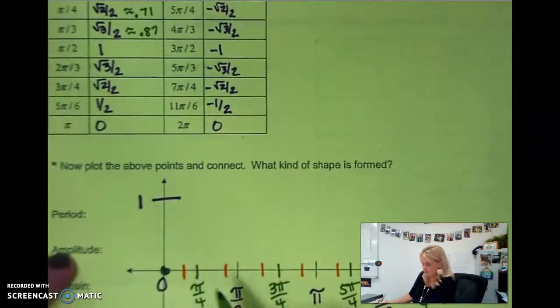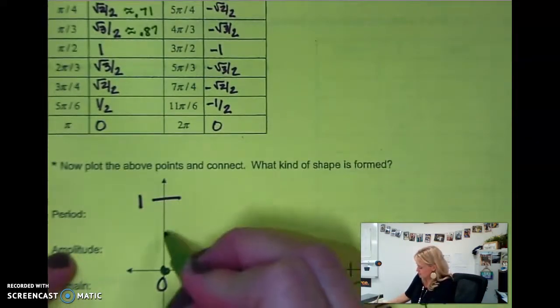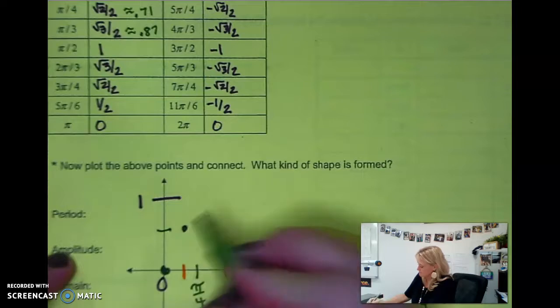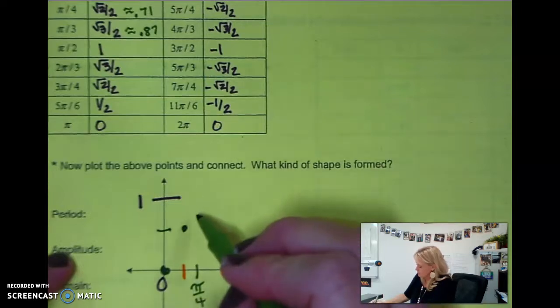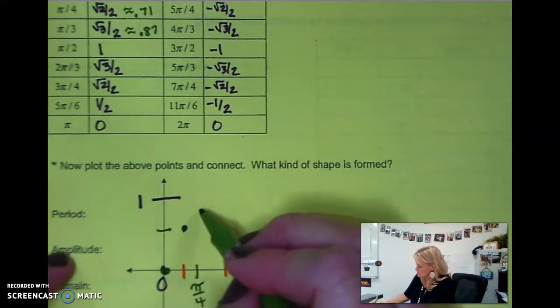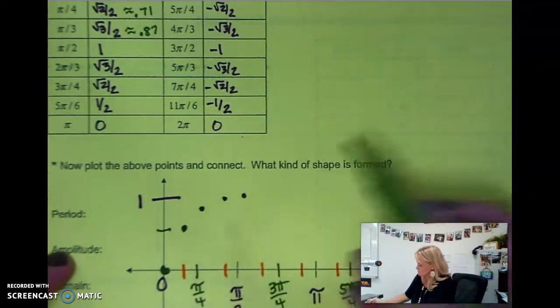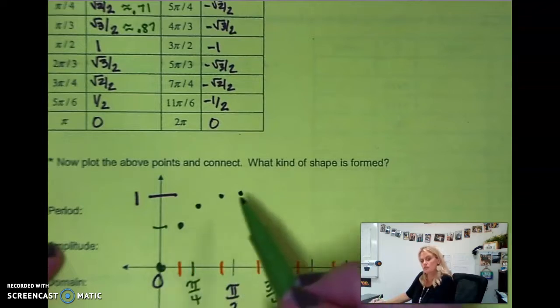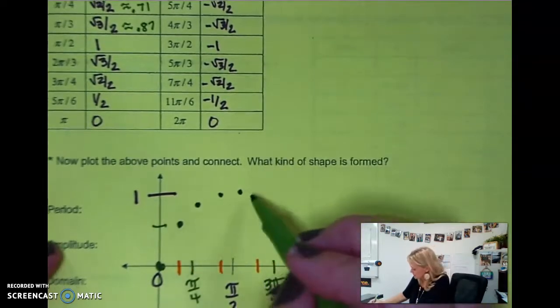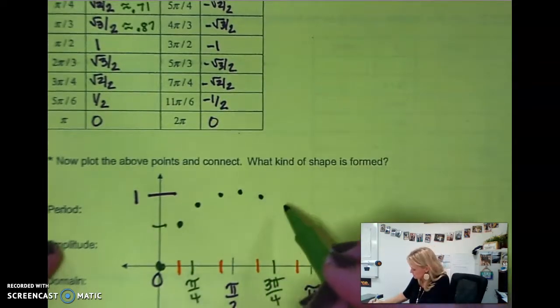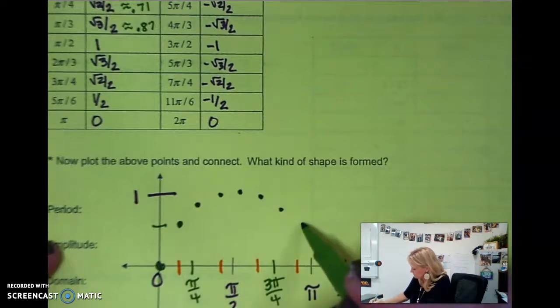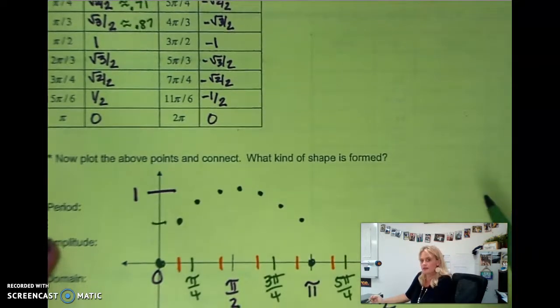Then I have pi over 6, 1/2. Pi over 4 at square root 2 over 2, which is about 0.71, 0.87, and all the way up to 1. So we can see that curvature. When I come back down, I eventually end up at 0 again at pi.